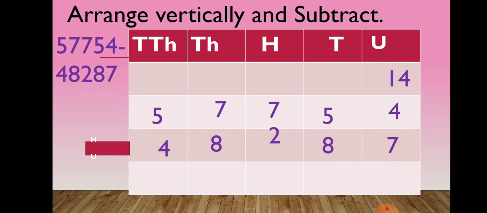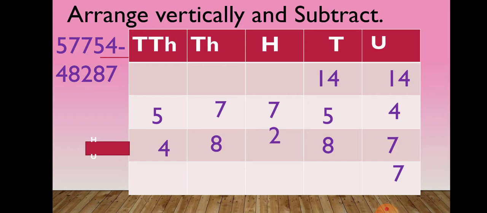Once again see, you do not subtract 7 from 4, so take a borrow. 10 units plus 4 units, you take 14 units. Now you subtract easily 7 units from 14 units, remain 7 units.